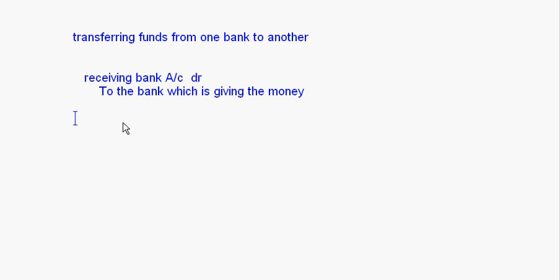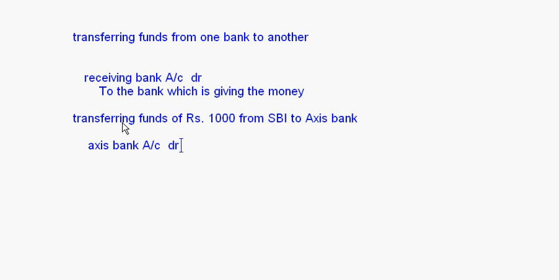So, supposing I say this is transferring funds of rupees 10,000 from SBI to, let's say, Axis Bank. So here the receiving bank is Axis Bank account debit, and the place from where the money is transferred is SBI. So the balance in SBI is getting reduced, and the balance in Axis Bank is increasing, right? So these will be the entries pertaining to the banking transactions.